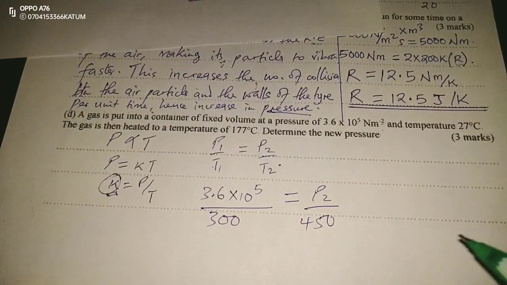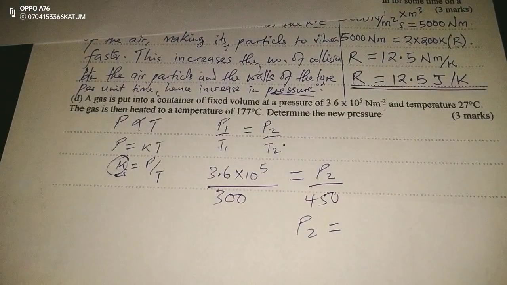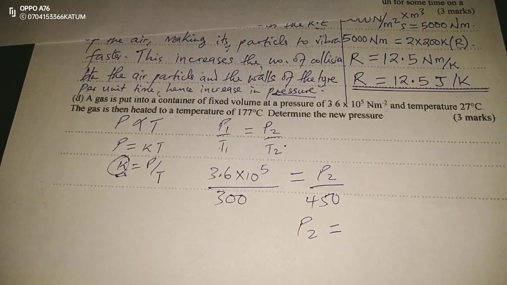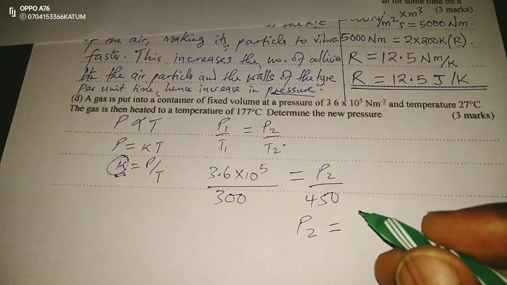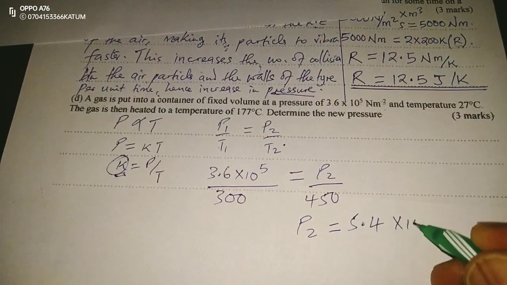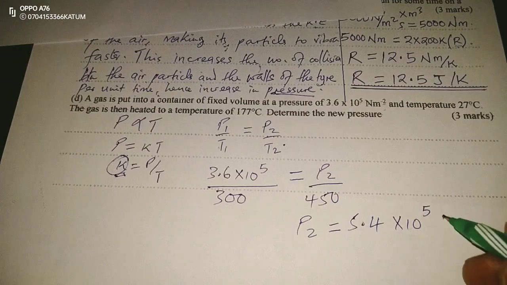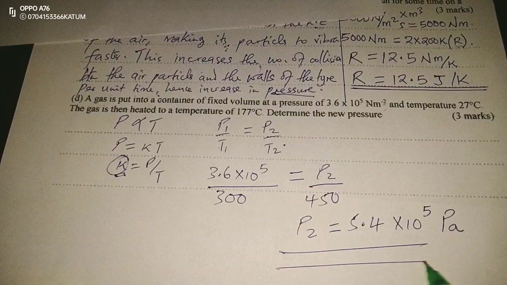So we can get now our new pressure, P2, which is going to be 450 times 3.0 times 10 power 5, then we divide by 300. This becomes 5.4 times 10 to the power of 5 pascals. So that is how we get the new pressure.